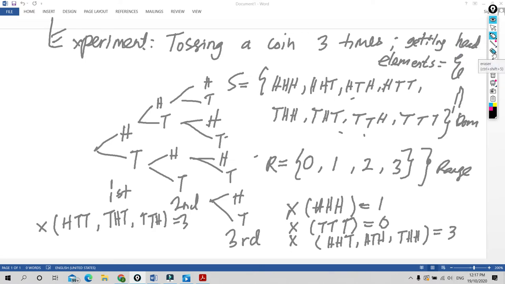All heads means 3 heads. So this refers to 3 heads, this refers to 2 heads, this refers to 0 heads, all tails, and this refers to 1 head.